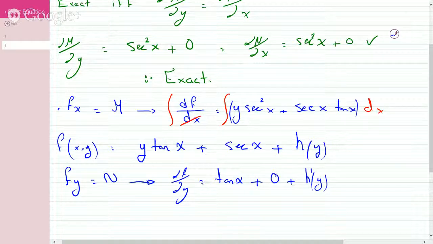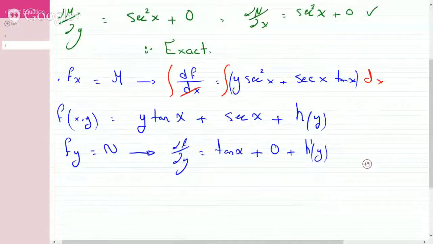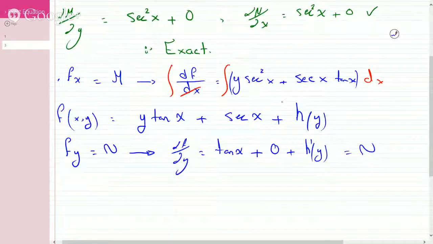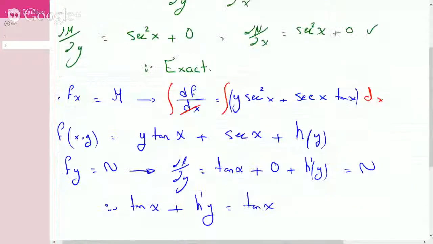And this in turn has to equal the N, which is tan x plus 2y. Therefore, tan x plus h prime of y has to equal tan x plus 2y.